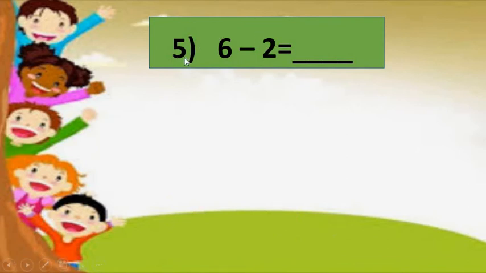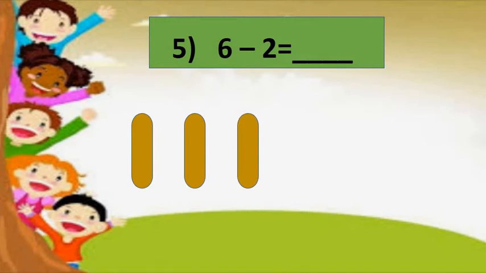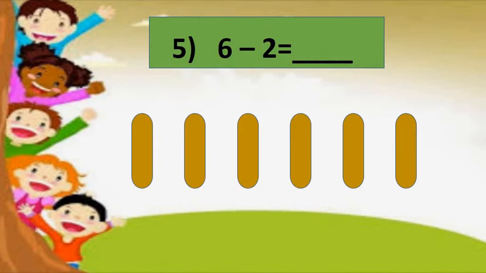Number 5, 6 minus 2 is equal to dash. 1, 2, 3, 4, 5, 6. Minus 2.